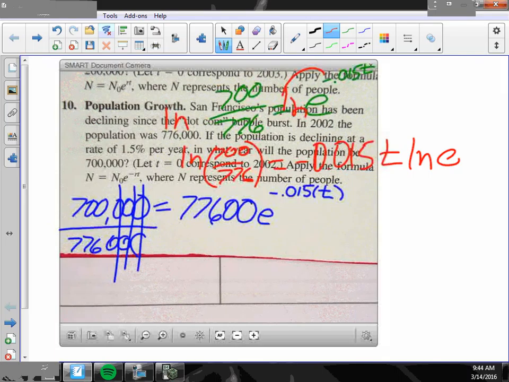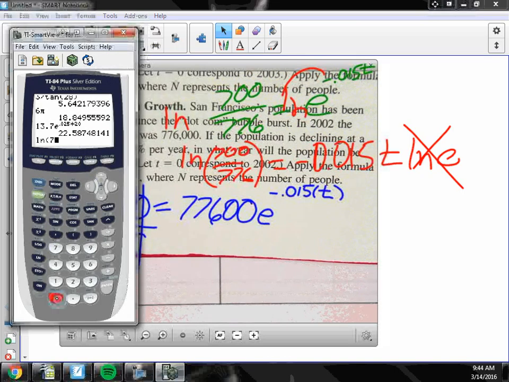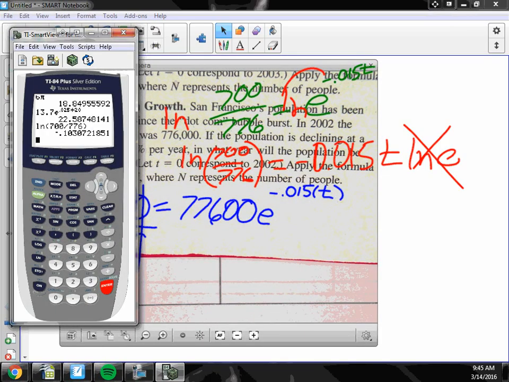The PERT equation is the reason why the ln button shows up. Otherwise, the ln button wouldn't be useful. It allows us to delete that, and then we can just type in the ln of 700 divided by 776. And what do I do to this number?